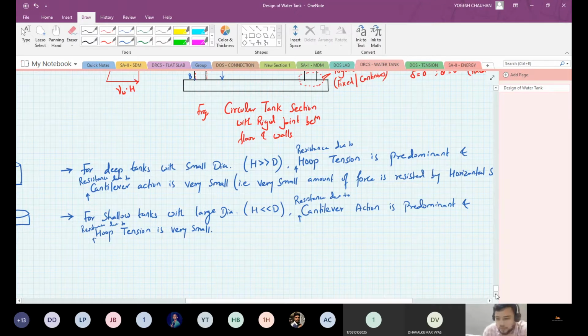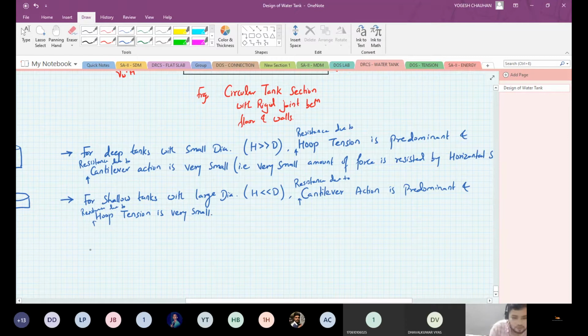And for medium tanks, both the actions will be acting simultaneously. So for medium tanks, we have hoop tension plus this cantilever action.